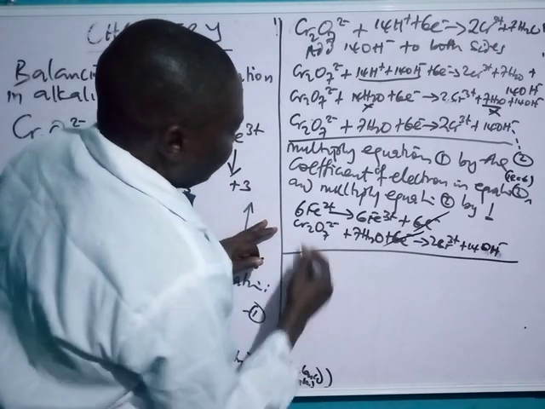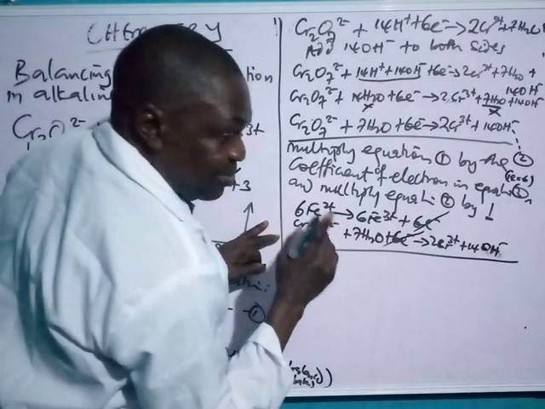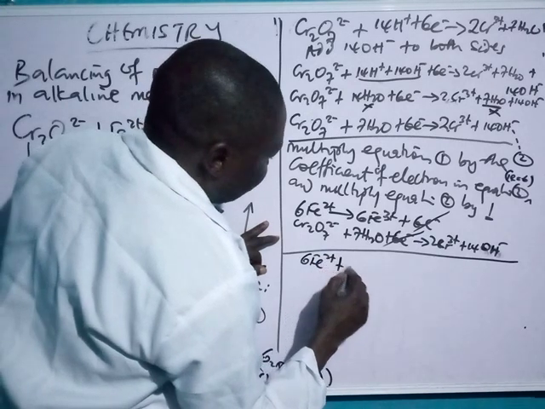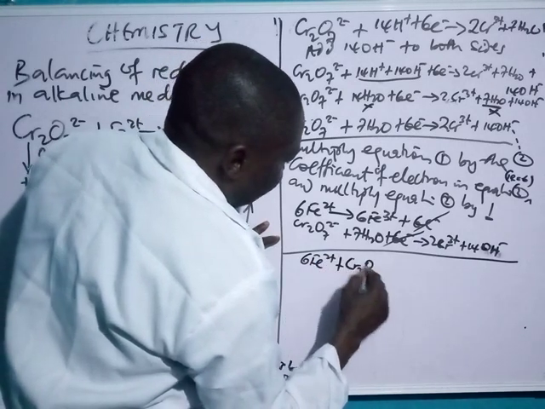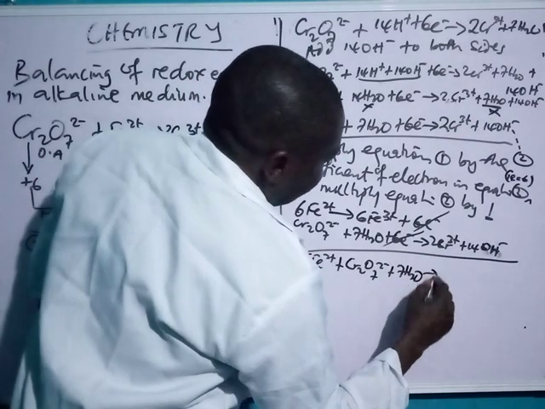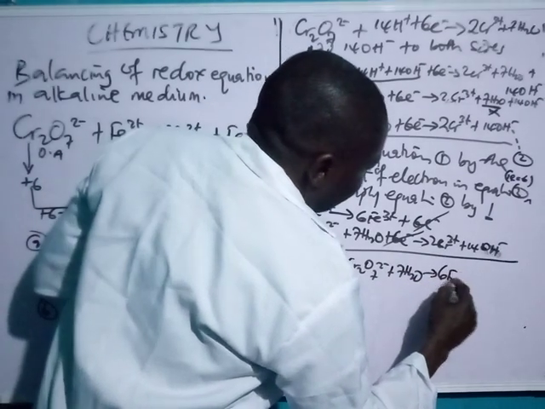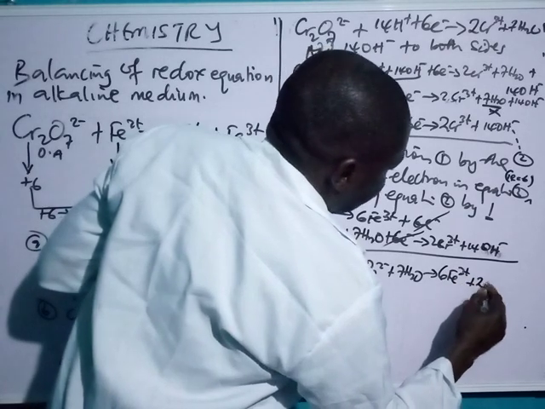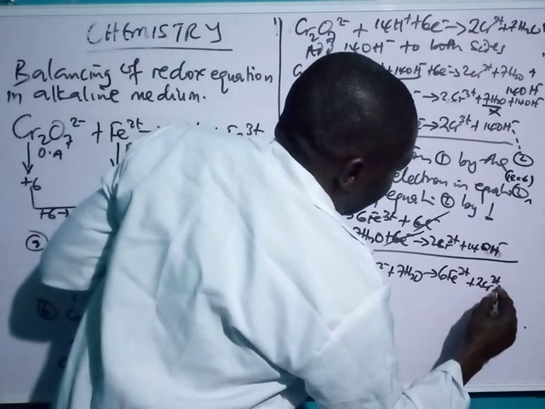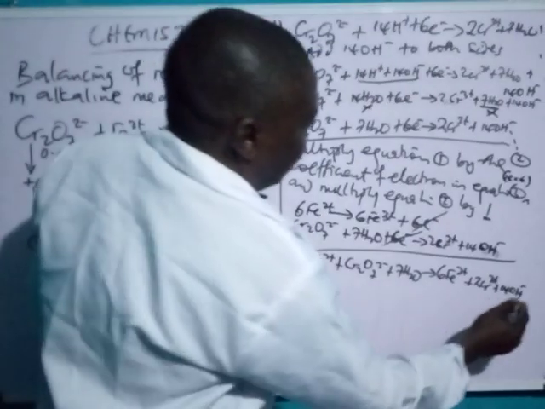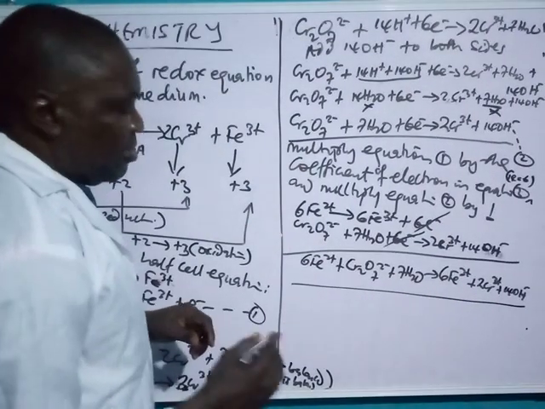Write every other thing out, but later you must cross-check. 6Fe2+ + Cr2O7 2- + 7H2O gives 6Fe3+ + 2Cr3+ + 14OH-. This is supposed to be our answer, but we have to confirm it.